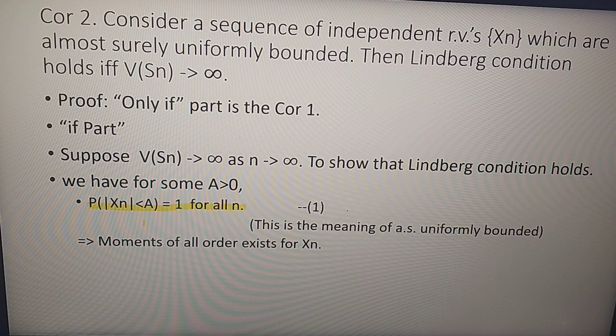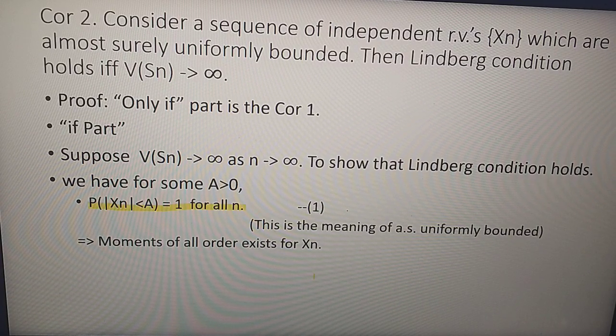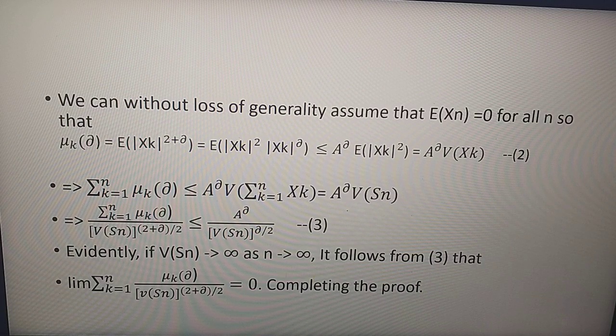Because of almost sure uniform boundedness, moments of all order exist for Xn, that is, expectation of X to the power r exists for any positive integer r. Without loss of generality, here also expectation of Xn is equal to 0 for all n. The definition of mu_k^delta is as in corollary 1: a to the power delta times variance of Xk.